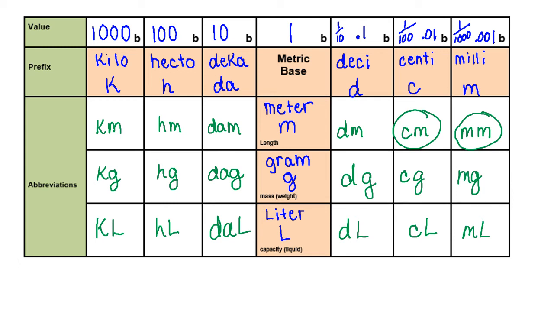There's a little mnemonic that you can also use to remember the order of these, and it has this King Henry thing going on: King Henry died by drinking chocolate milk.